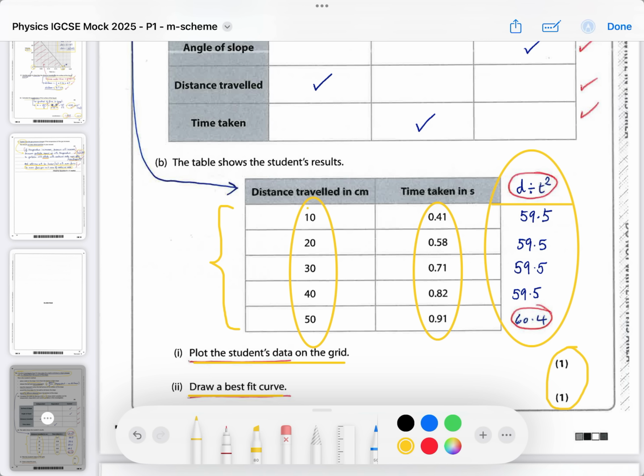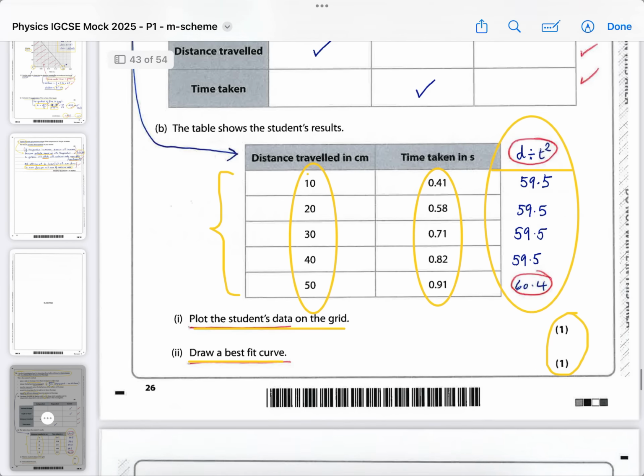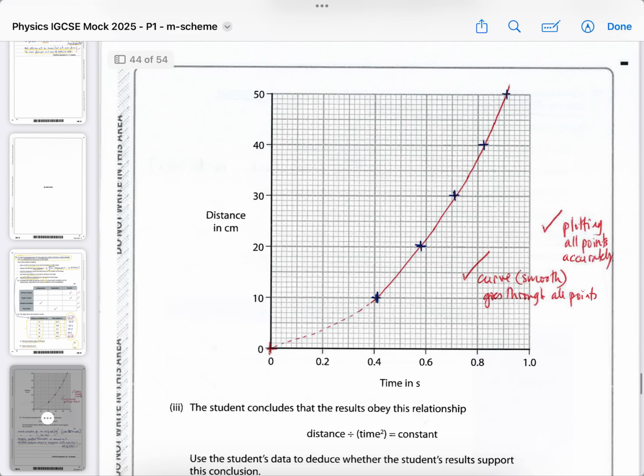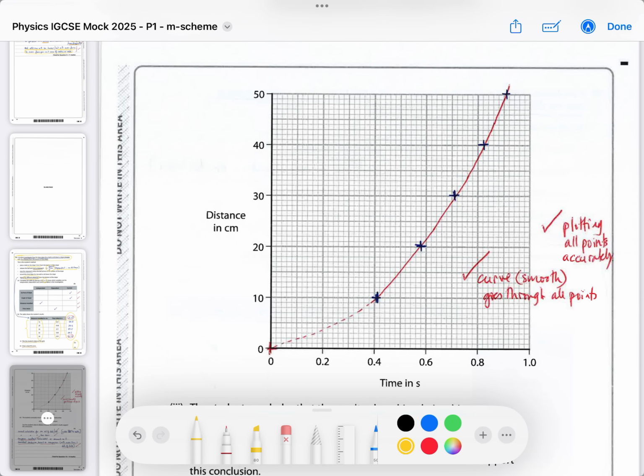Make sure you show your points clearly and they're not covered by the line. So the best thing to do when you're plotting, the points must be accurate. So if all your points are put in the correct positions, which you can see I put them as pluses, not as dots. Don't just leave them as dots, because if you do them as dots and then you're covering them with the line, the dot will become invisible.